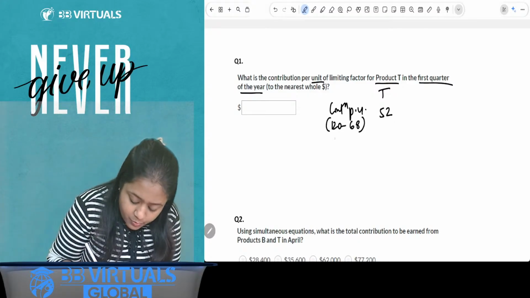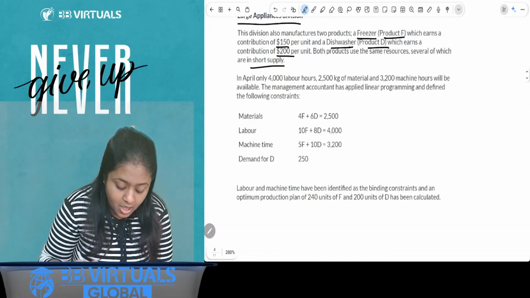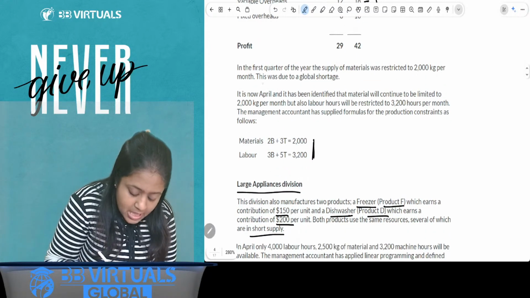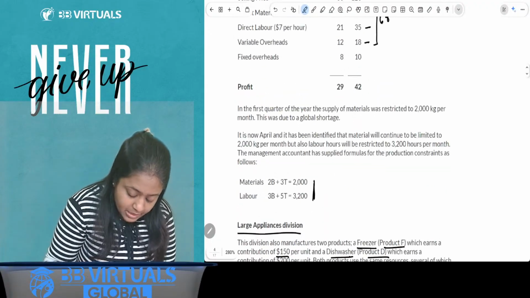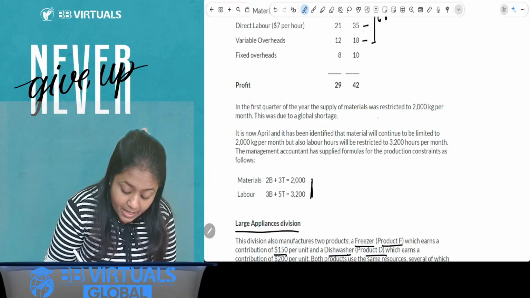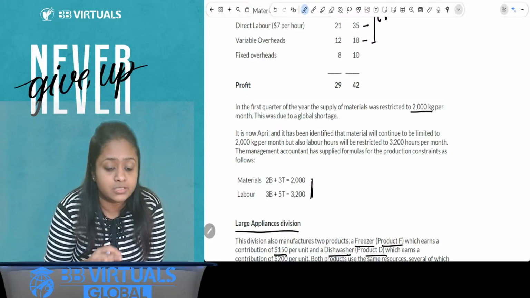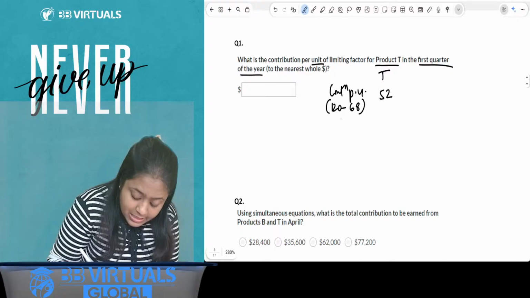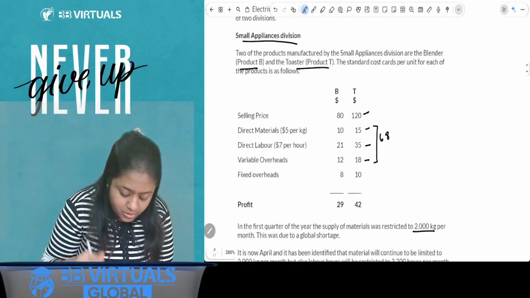Clear? Now the question asks you to get the contribution per unit of limiting factor. Now which is the limiting factor here? Let's look here. In the first quarter of the year, the supply of material was restricted to 2000 kg. So there was a global shortage. That means material is the limiting factor here. So let's take the kgs. What is the quantity of kgs required to make 1 unit of T?